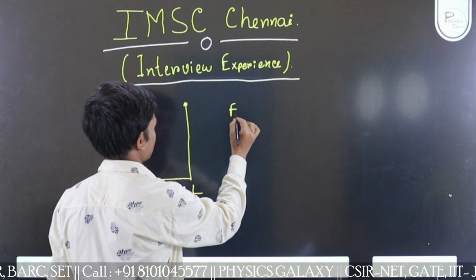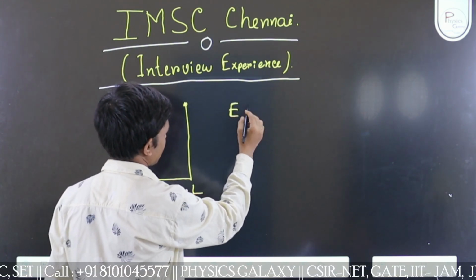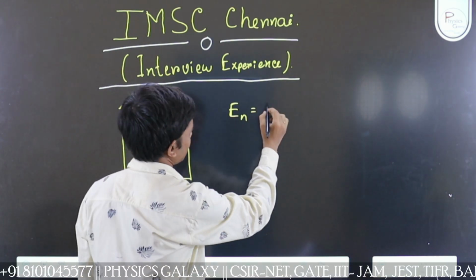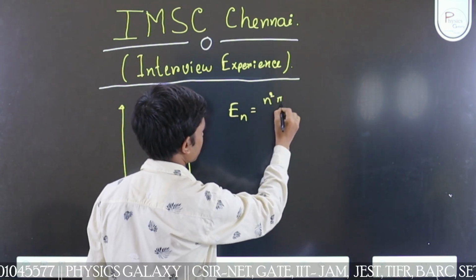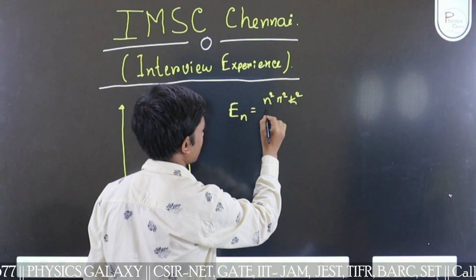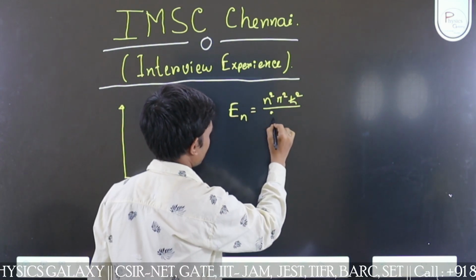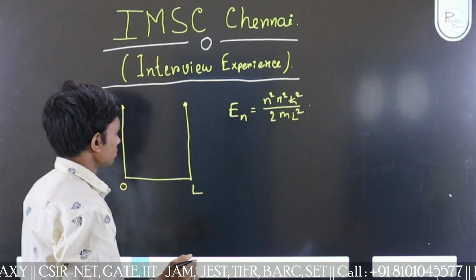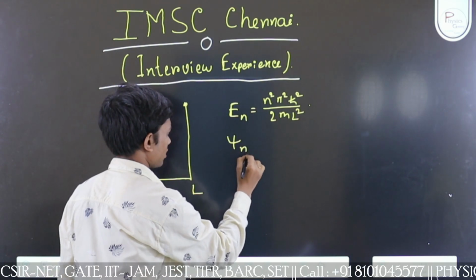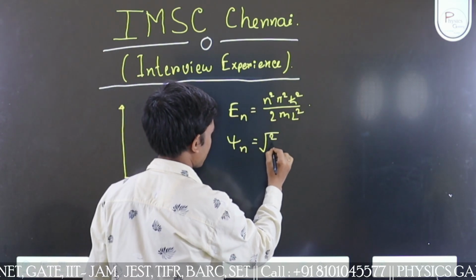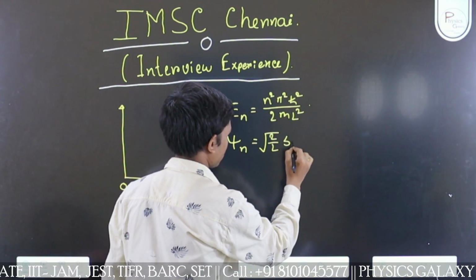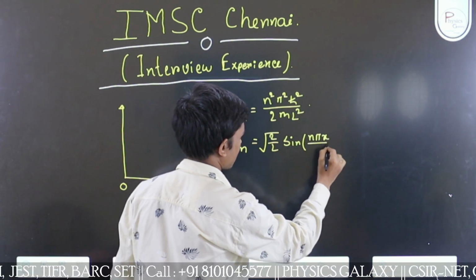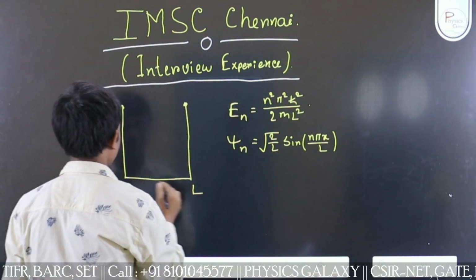I wrote the energy expression for this quantum mechanical system. It was n squared pi squared h-bar squared over 2mL squared. The wave function expression was root over 2 by L, the length of the potential well, into sine of n pi x by L, as it is one dimensional.